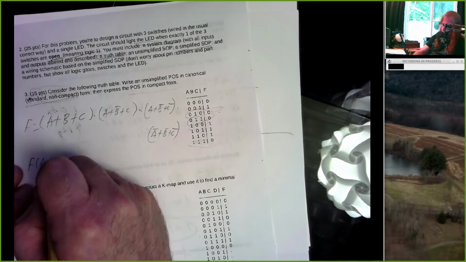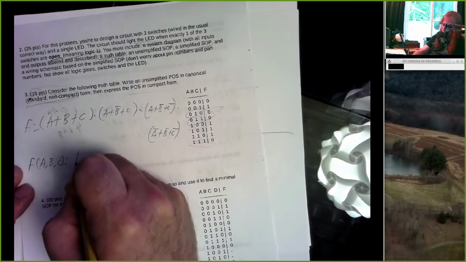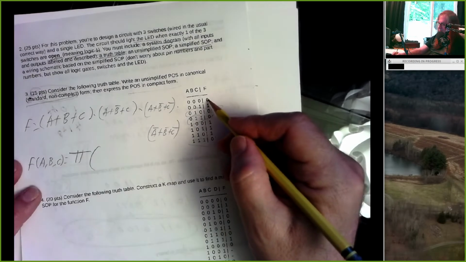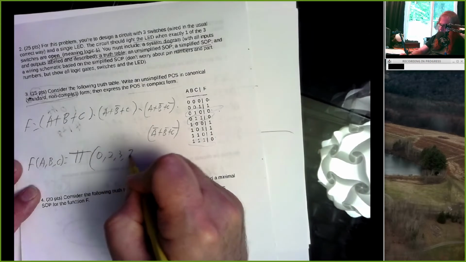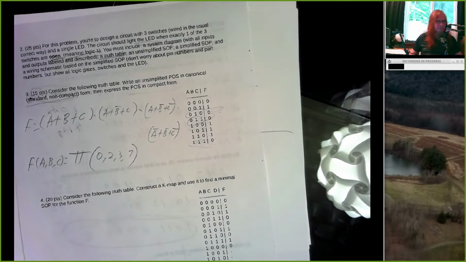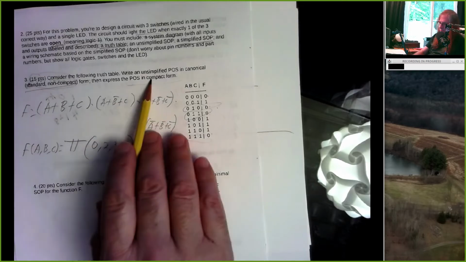And then the compact form: f of A, B, C equals, well, it's a product. And which rows do we have a 0 in? So it's rows 0, 2, 3, and 7. Some people simplified this and used that for the compact form.